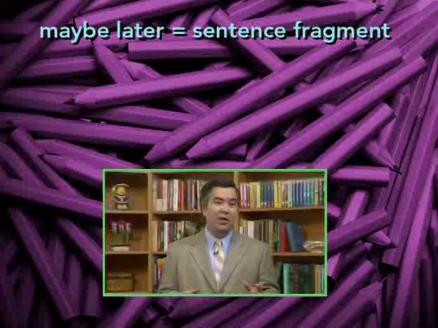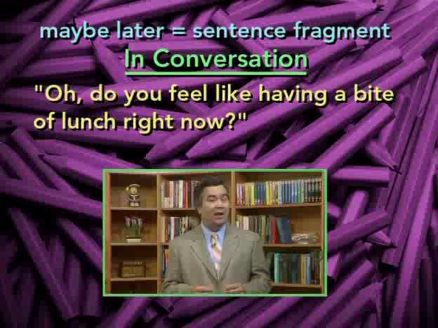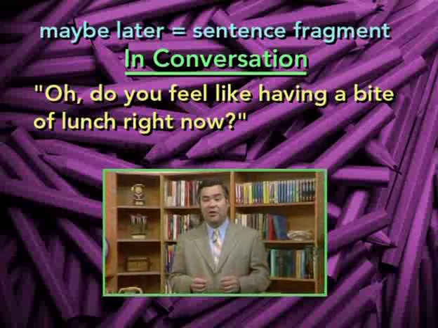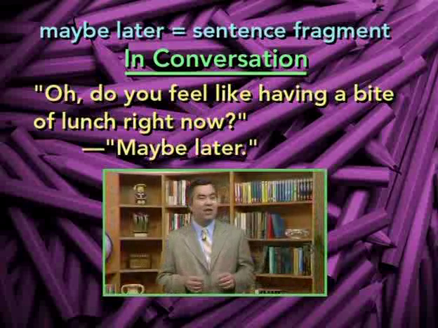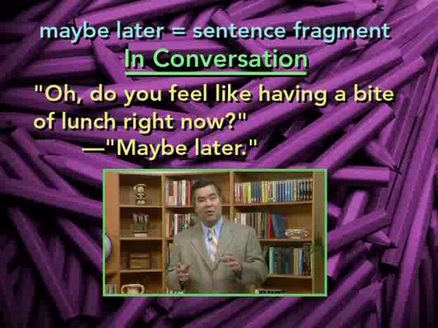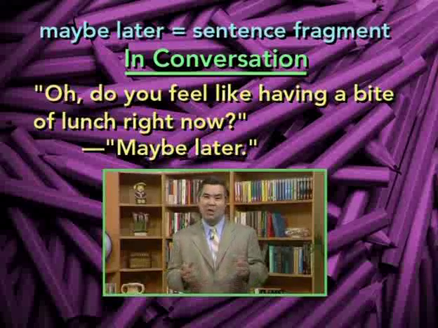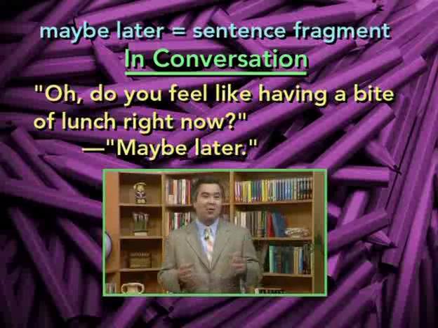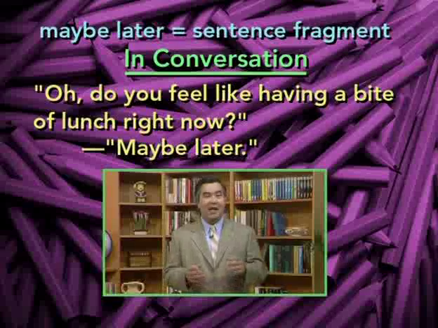For example, you might say to someone, oh, do you feel like having a bite of lunch right now? And your friend might answer, maybe later. In the context of the conversation, you can understand what the sentence fragment means. But if the words maybe later appeared by themselves in a piece of writing, you probably wouldn't understand what the words were referring to. That's what makes it a sentence fragment and therefore incorrect in writing.